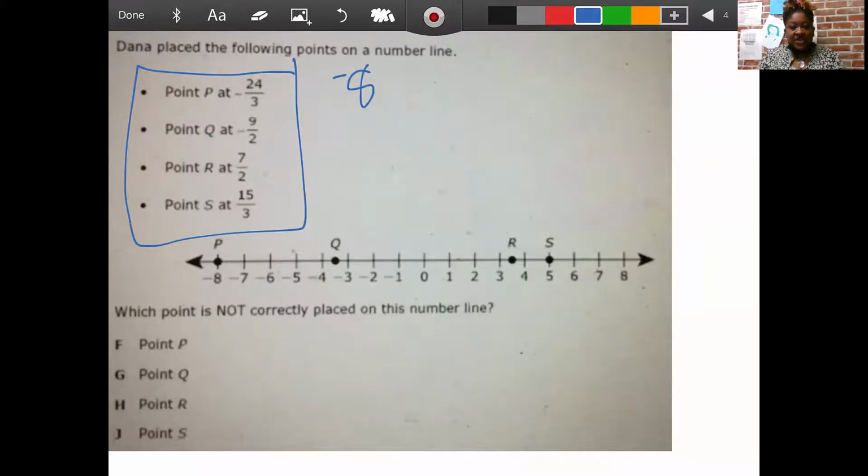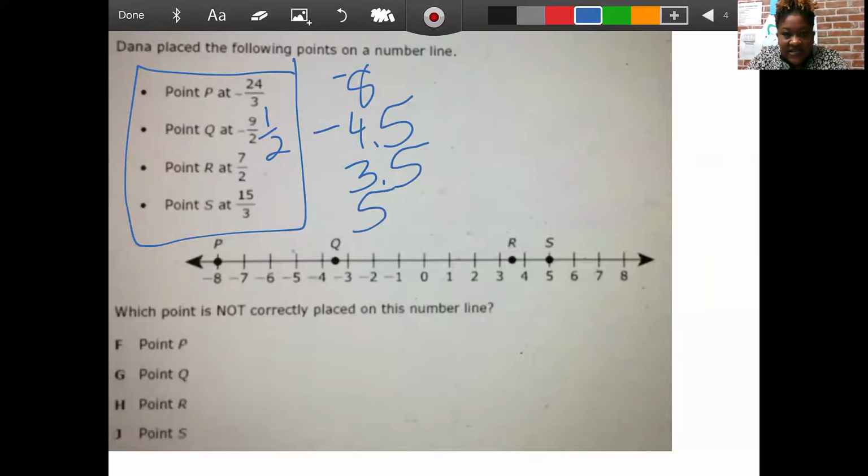How many 2s are in 9? 4, and then 4 times 2 is 8. So 9 minus 8 is 1. So I have 1/2. So it's 4.5, which is negative. How many 2s are in 7? 3. How many is left? 1. So that's 3.5. How many 3s are in 15? 5. So that's how you convert them.